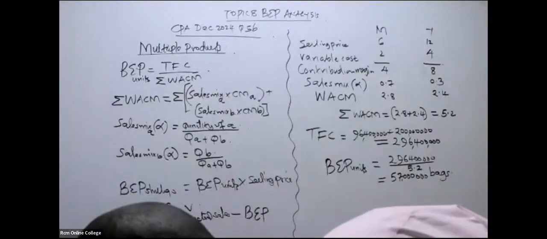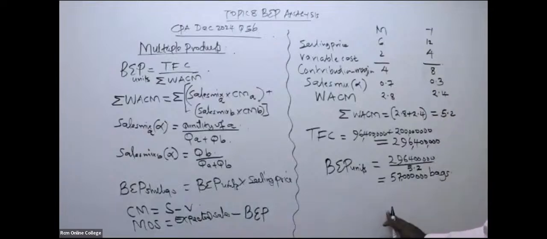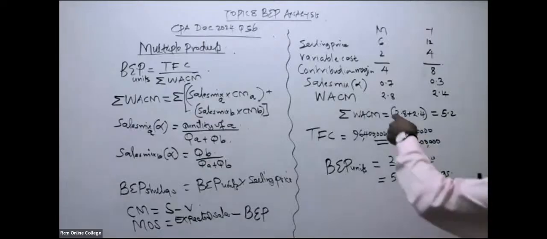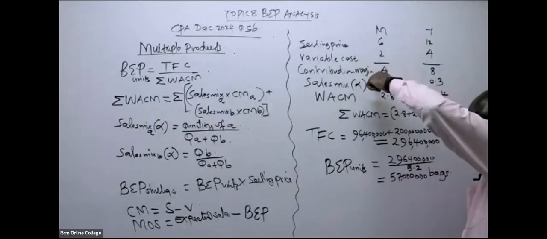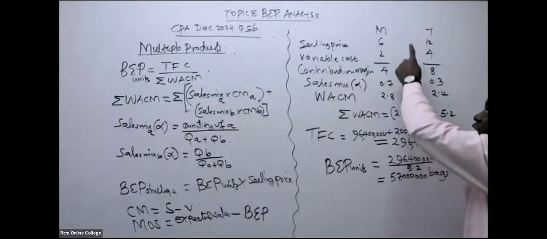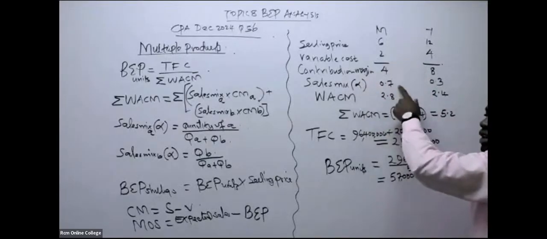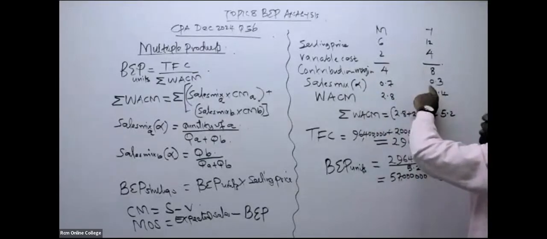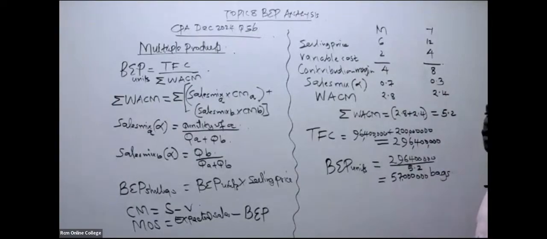Let's compare. So how do we now get the number of units for product M and the number of units for product Y? The break-even point in units for individual products will be done based on the sales mix ratio. This product M has got a share of 0.7. Then this product Y has got a share of 0.3.